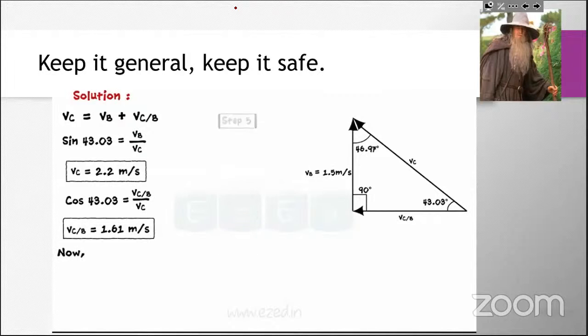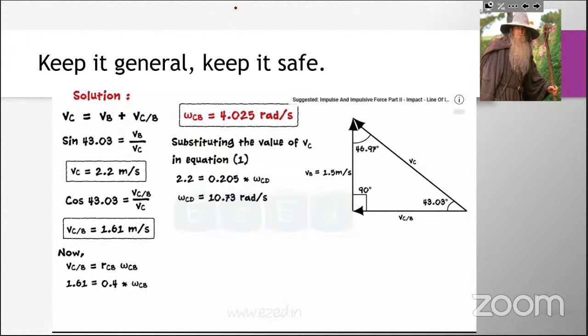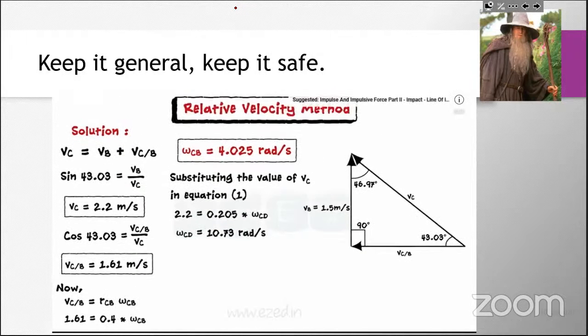Step 5. Write the relation for the relative linear velocity of translating point. On substituting the value, we get an angular velocity of rod CB. Now, substituting the value of VC in equation 1, we get angular velocity of rod CD.